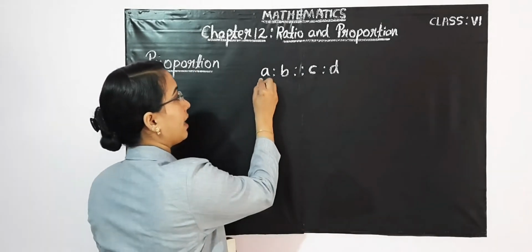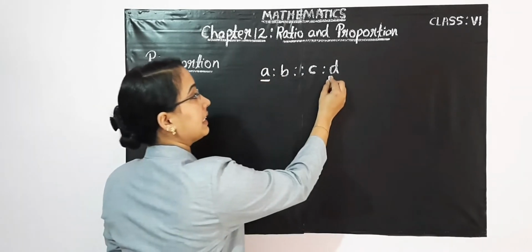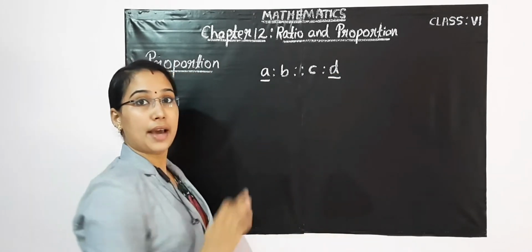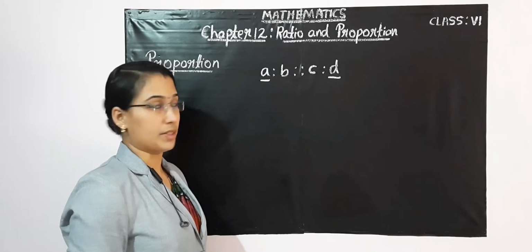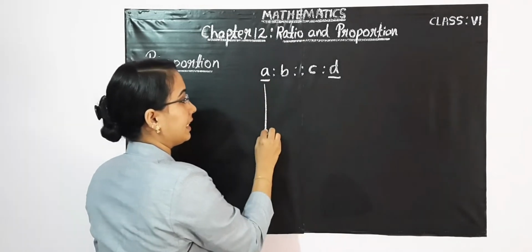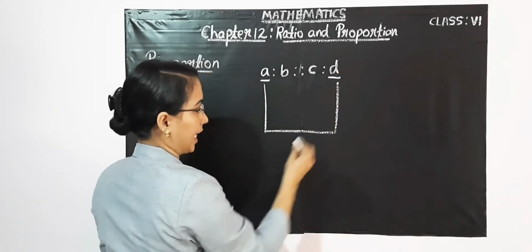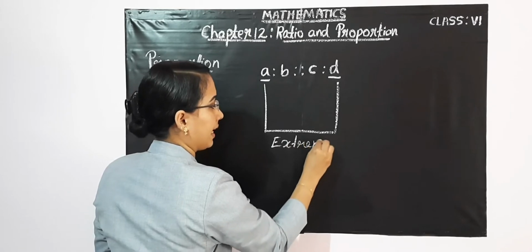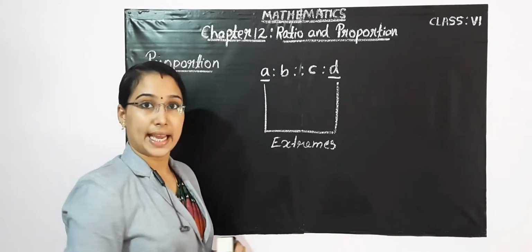A, the first term, and D, the fourth term, are called extreme terms. So we can write extreme terms or extremes.